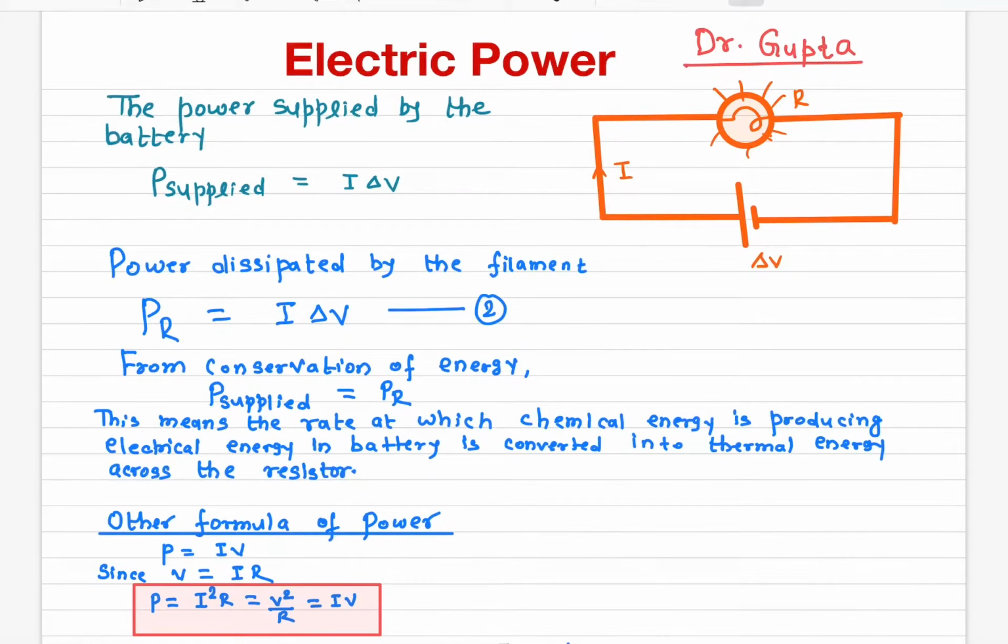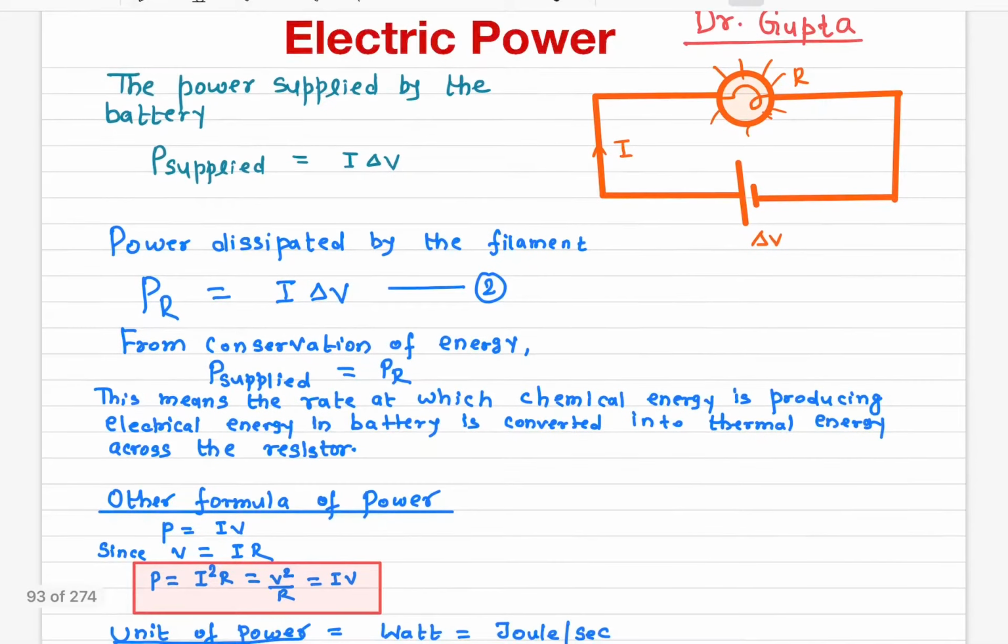What does that mean? That means all the electrical energy supplied by this battery is now dissipated by this light bulb or this filament bulb. The power supplied by this battery is given by this equation here, I times delta V, where delta V is the potential difference.